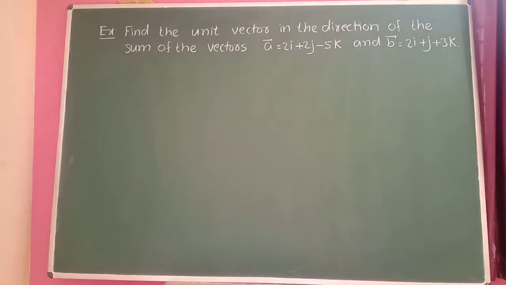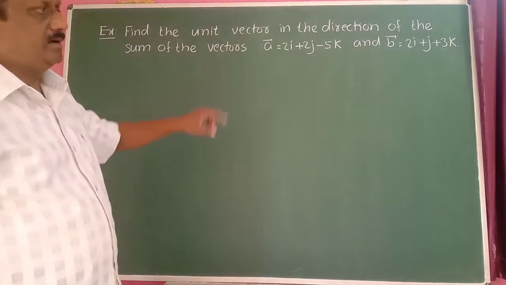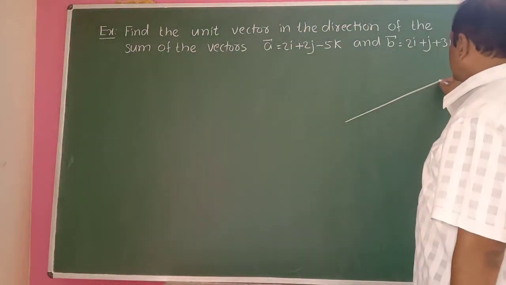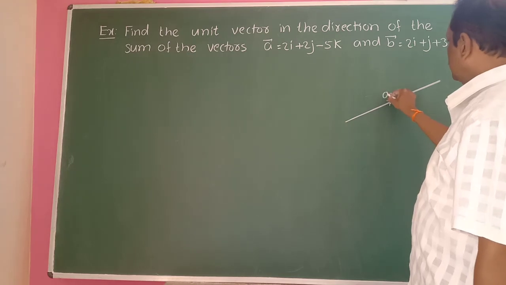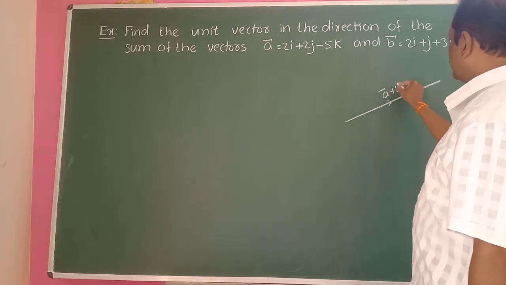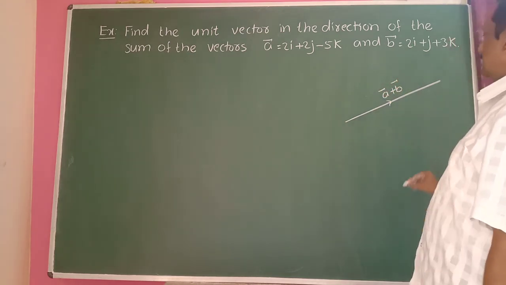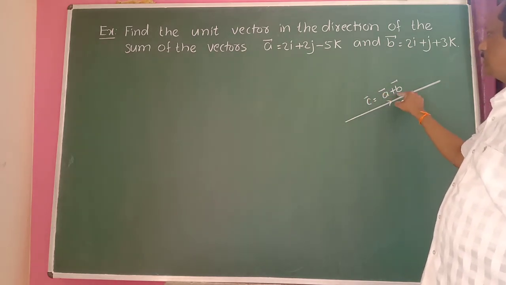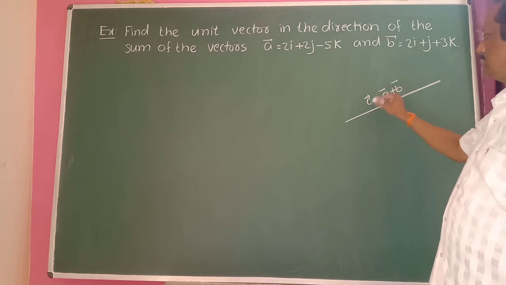So in this example, find the unit vector in the direction of the sum of the vectors A bar and B bar. So add the two vectors, it gives the vector A bar plus B bar. Consider this vector as C bar. The sum of two vectors is given by the vector C bar.